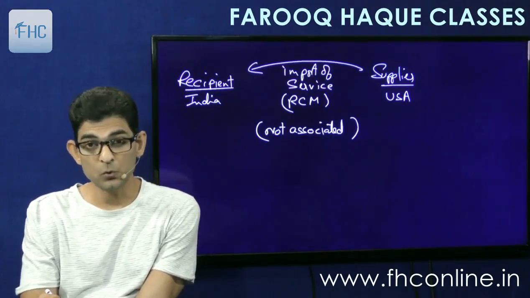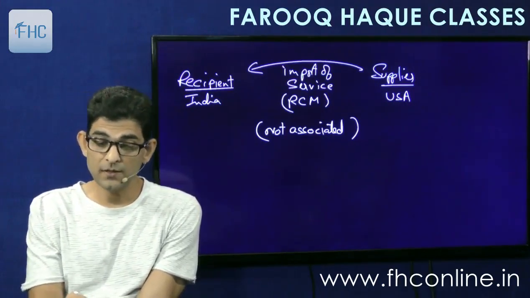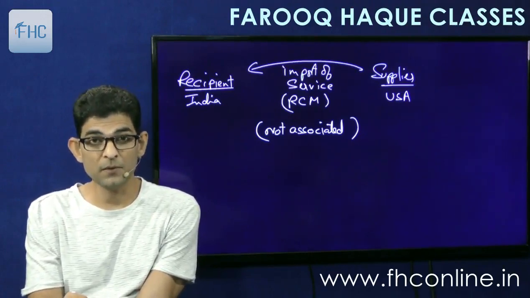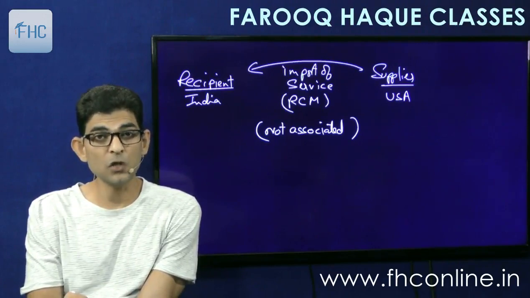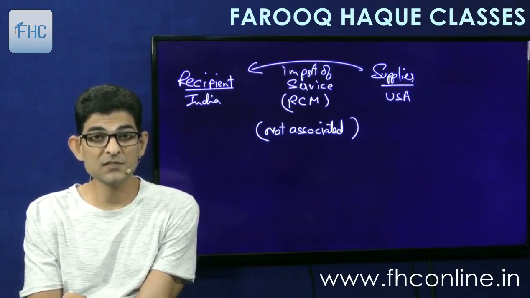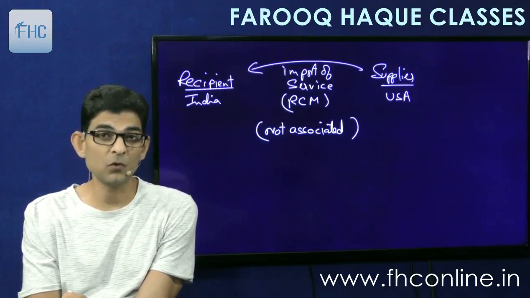Then we'll apply the normal rule. The normal rule says that if payment is made within 60 days, then the date of payment. And if payment is not made within 60 days, then expiry of 60 days, that is the 61st day from the date of invoice.